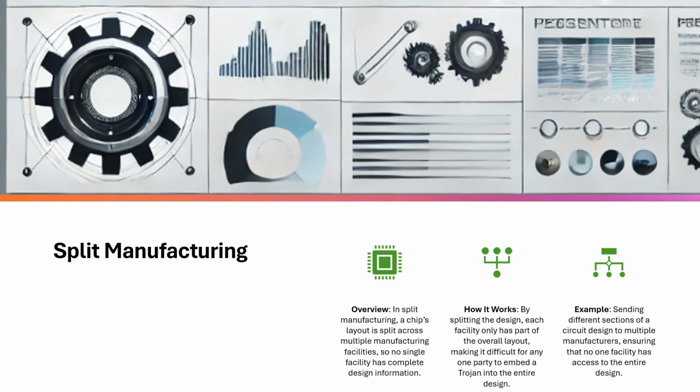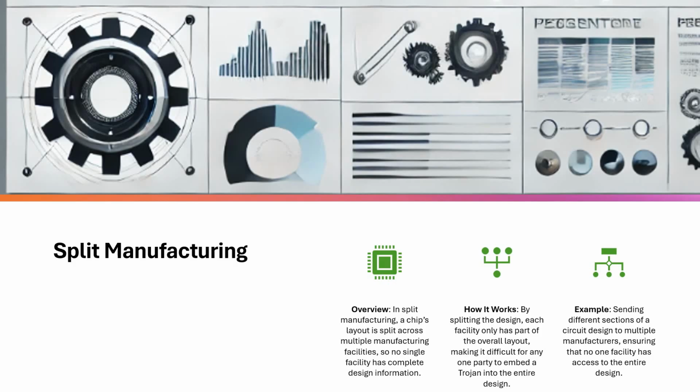Split manufacturing is the next very important option we can look into. In split manufacturing, a chip's layout is split and sent across to multiple manufacturing facilities, which means we are not dependent on one single facility for manufacturing. No one facility has complete design information; that is the key point to be understood here. By splitting the design, each facility knows only about the one part of the layout which they are working on.